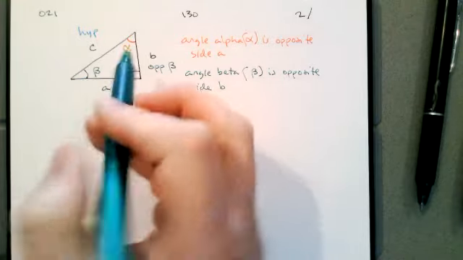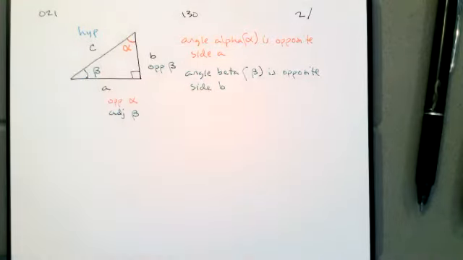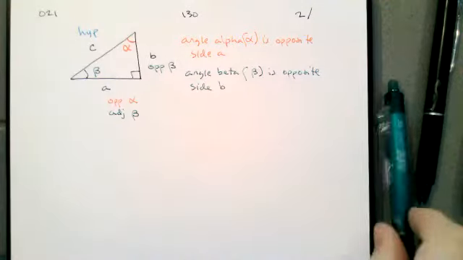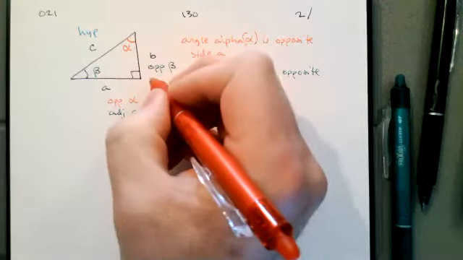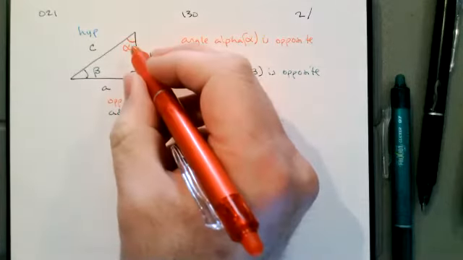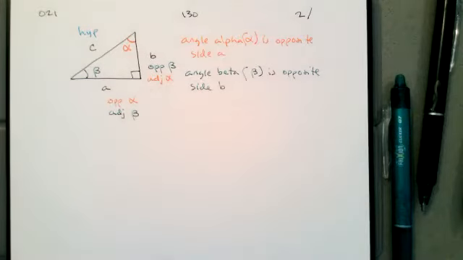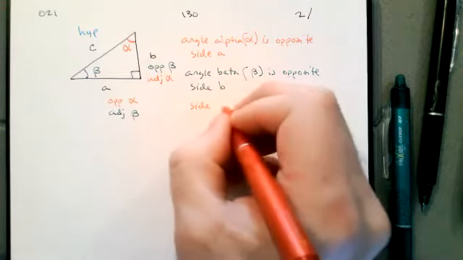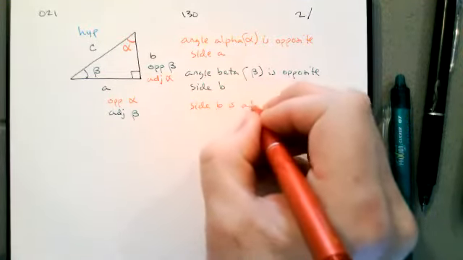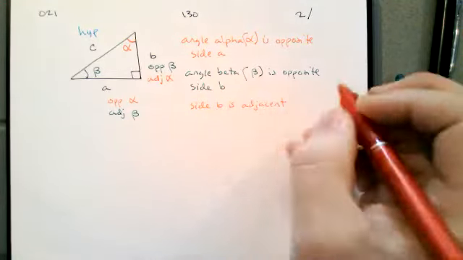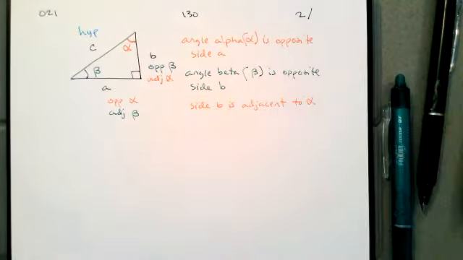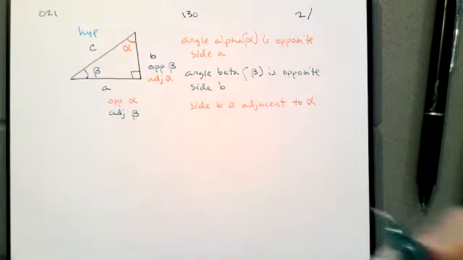Side A and the hypotenuse make up angle beta. So similarly, side B is adjacent to alpha. So we'll say that side B is adjacent to alpha. And side A is adjacent to beta.